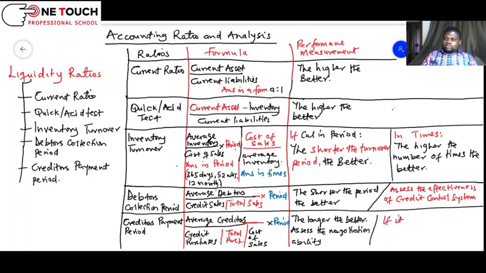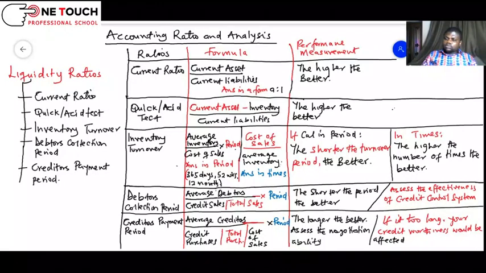If it is too long, your credit worthiness would be affected in the long run. Very simple and straightforward. So these are the liquidity ratios.